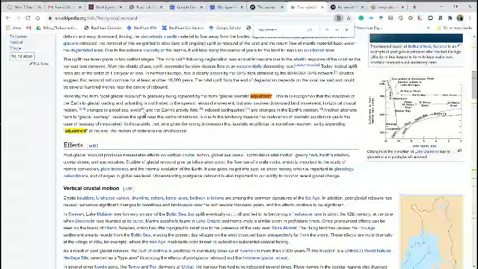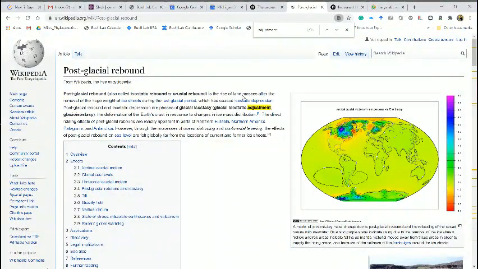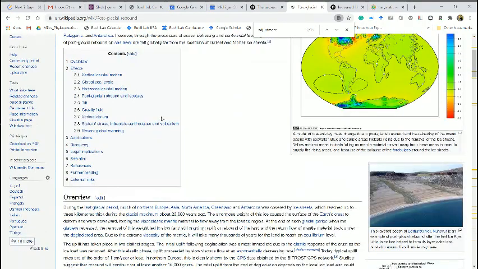Okay, so glacial isostatic adjustment means the same thing as post-glacial rebound. When ice melts off of some land mass, that land mass can rise a little bit because it's not being weighed down by massive amounts of ice. That's pretty interesting.